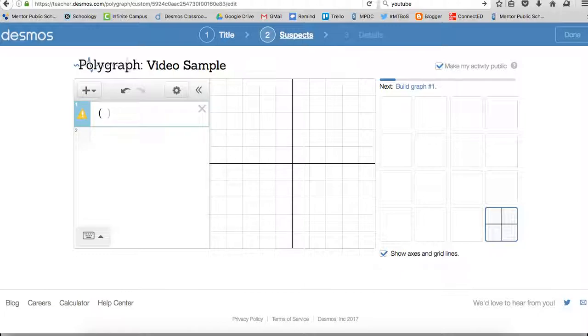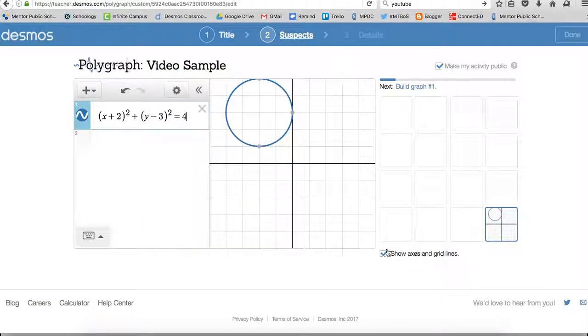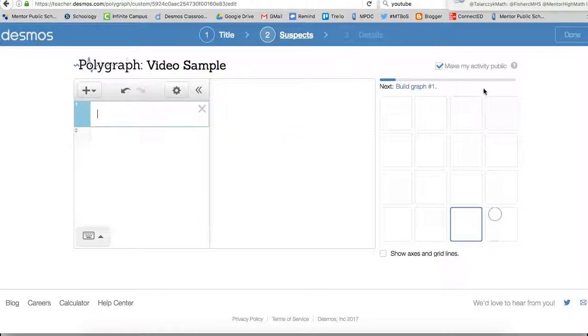If I wanted to put a circle, like I did in the previous example, I can type my equation of a circle, and it appears on the graph, and I could toggle my grid lines on or off. You can see a preview of how it's going to look in these little thumbnails. You can also see the larger image. So that's one way that you can add a graph, if it's an actual graph.